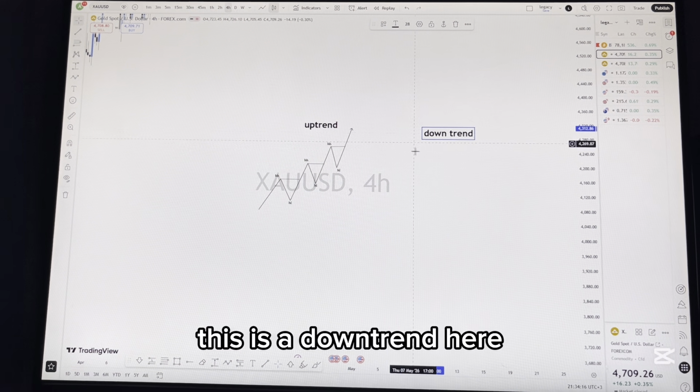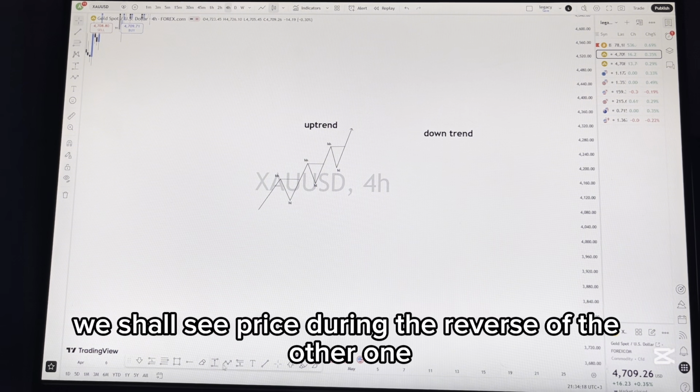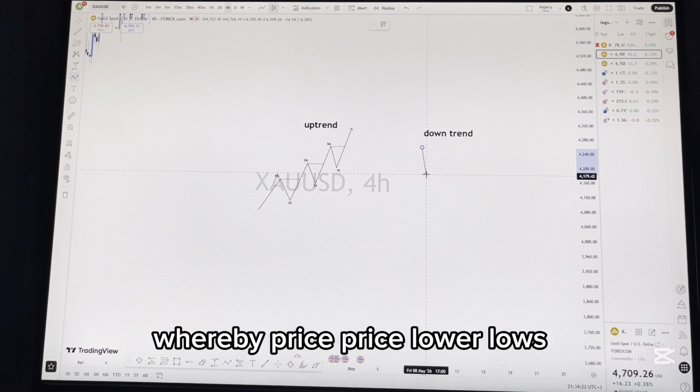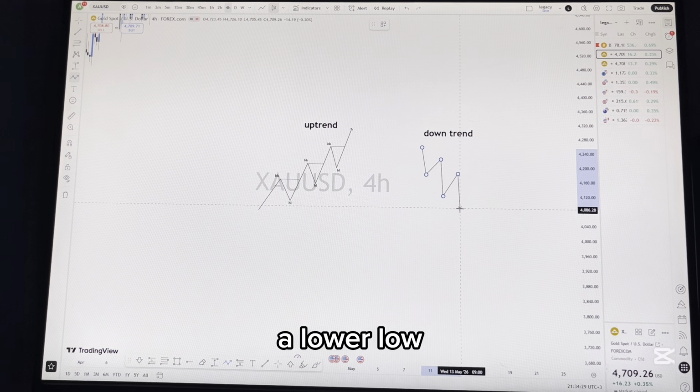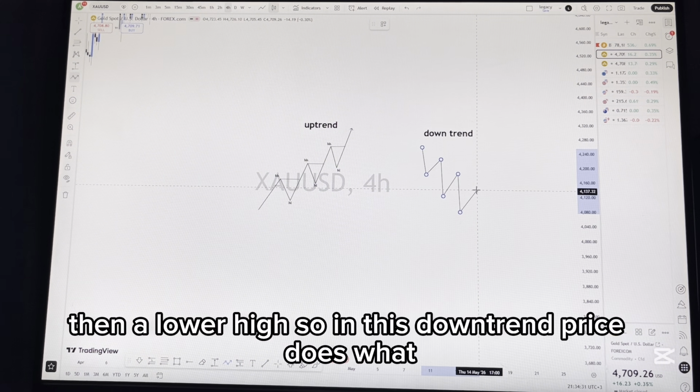Here we shall see price doing the reverse of the other one, whereby price creates lower lows, lower highs, lower low, lower high, lower low, then a lower high.